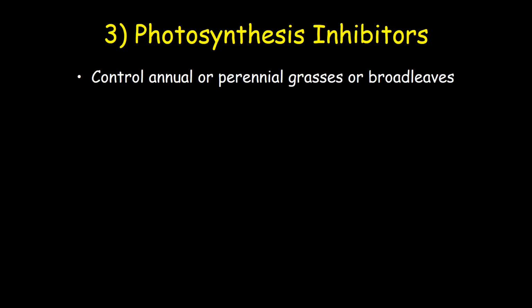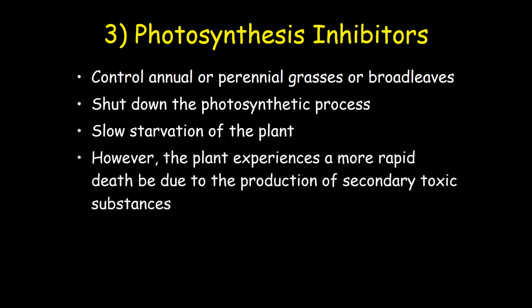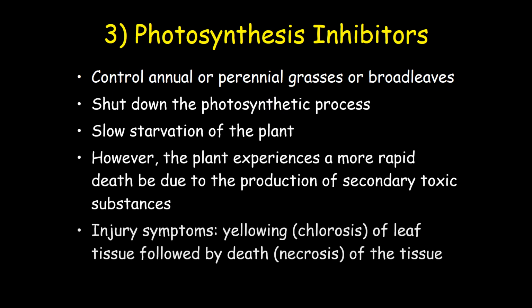Photosynthetic inhibitors. The two photosynthetic reactions are coupled by the photosynthetic electron transport chain, where photophosphorylation occurs. Photophosphorylation is what? The production of ATP. So photosystem 1 produces reduced nicotinamide adenine dinucleotide phosphate, the NADPH.